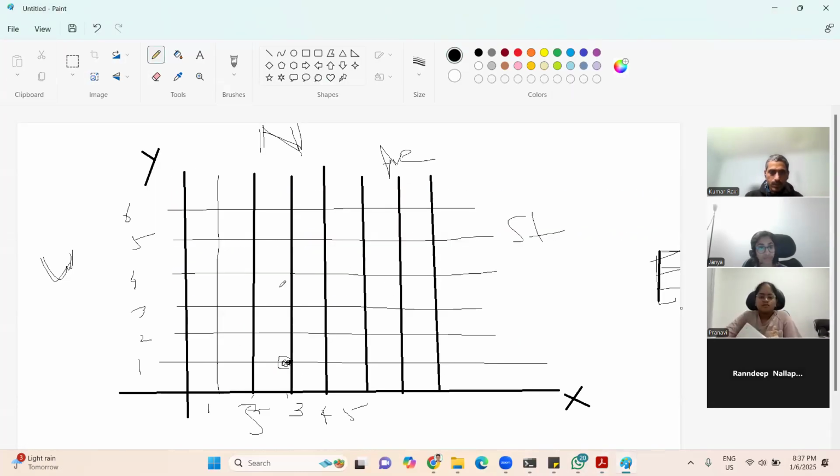I will take one point here. Then another point is 3, 3, which is just here. This is one junction, this is another junction. We need to travel from here to here, and it takes 1 unit of battery to travel from there to here.